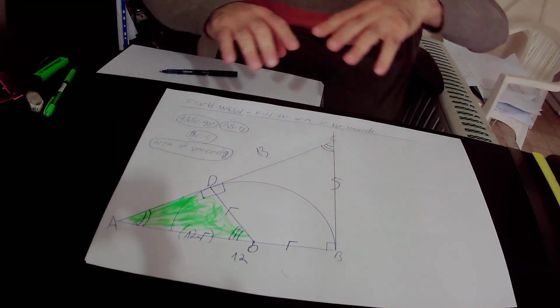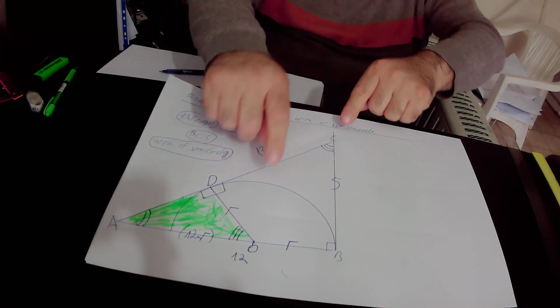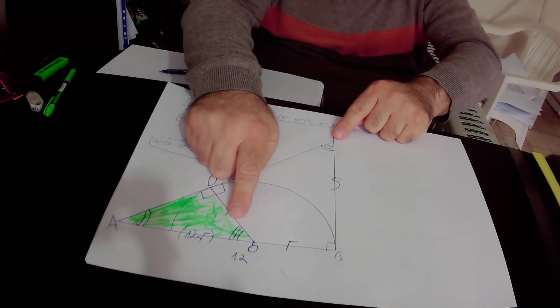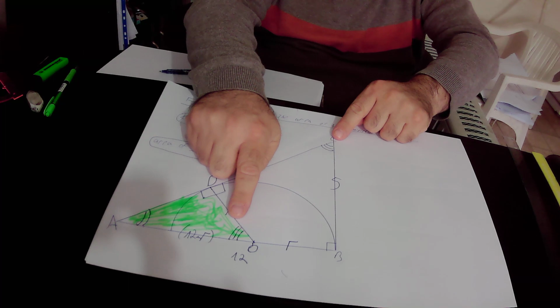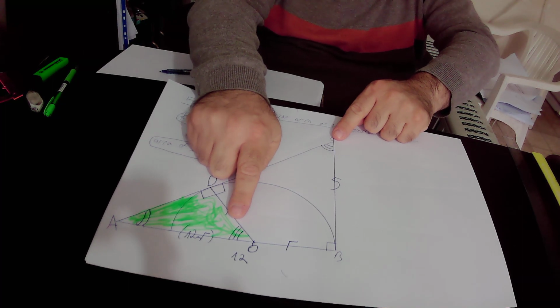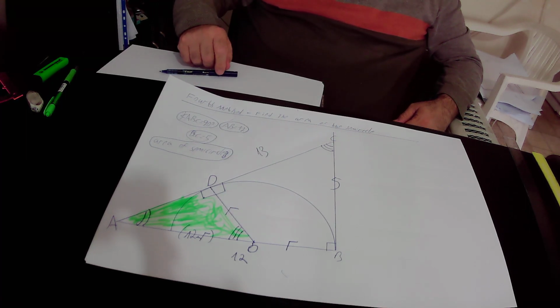So we have two pairs of congruent angles. Therefore, the third pair of angles must also be congruent. That is to say, these two angles are equal to each other, according to the third angle theorem.